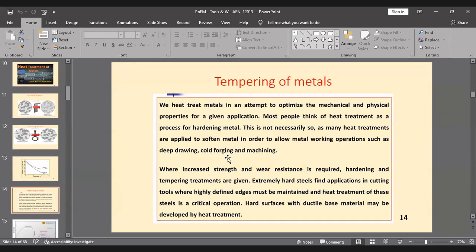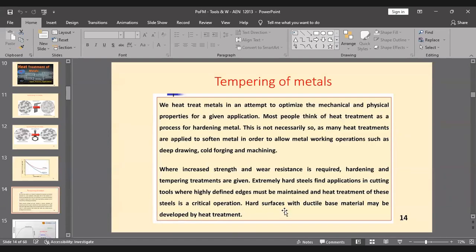Where increased strength and wear resistance is required, hardening and tempering treatments are given. Extremely hard steels find application in cutting tools where highly defined edges must be maintained, and heat treatment of these steels is a critical operation.